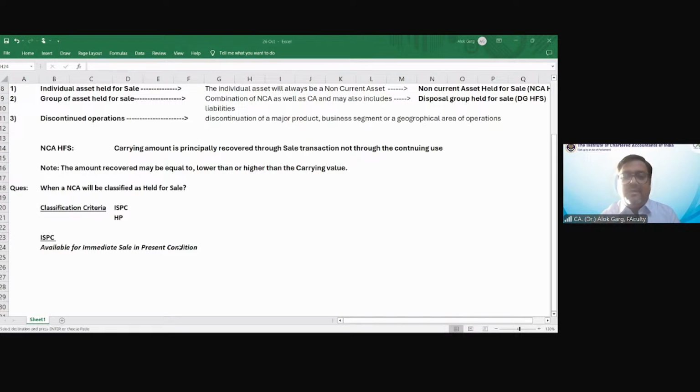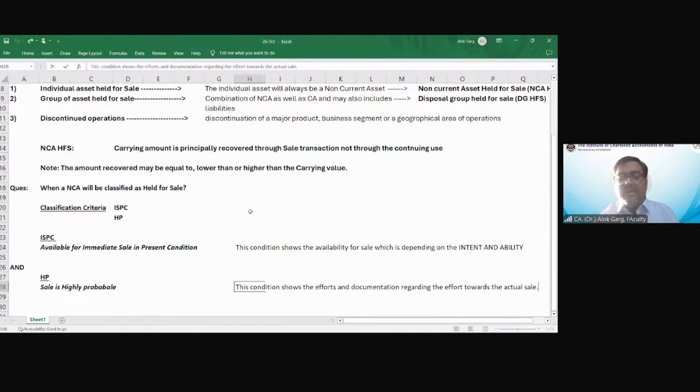Right? Intent and ability. What is meant by HP? Highly probable. Sale is highly probable. This condition shows the effort and documentation regarding the actual sale.